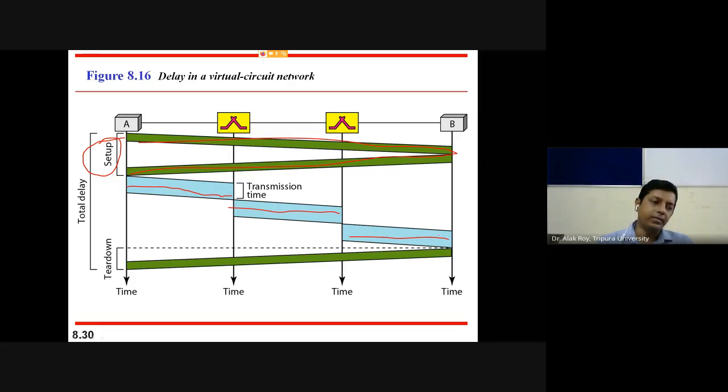But at least waiting time is not there. And then that is your acknowledgement or tear down time. So here delay will be the sum of setup time plus transmission time 3 times plus your tear down time. That is the delay in virtual circuit network.